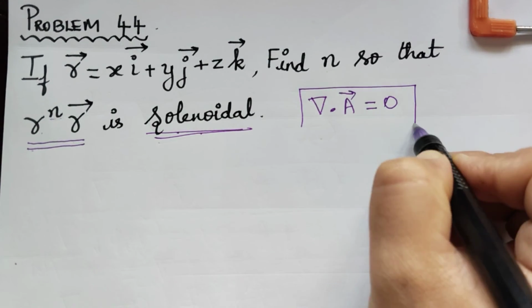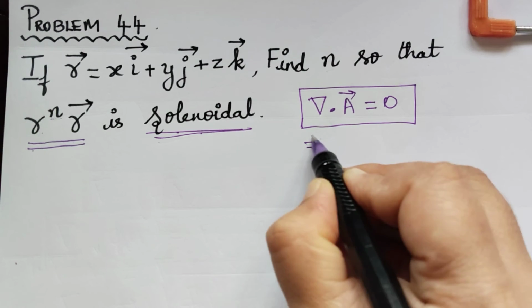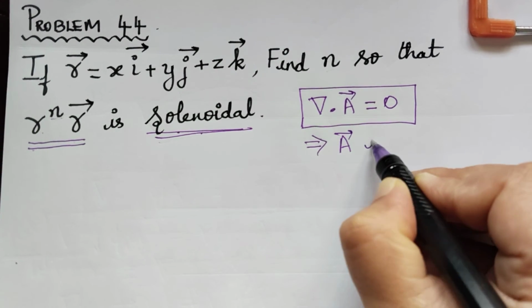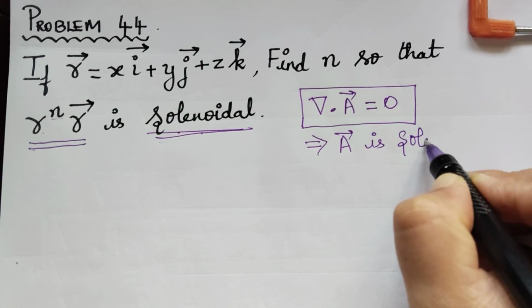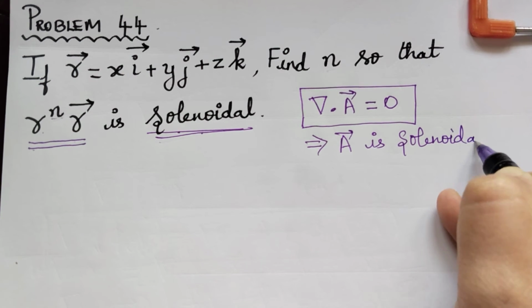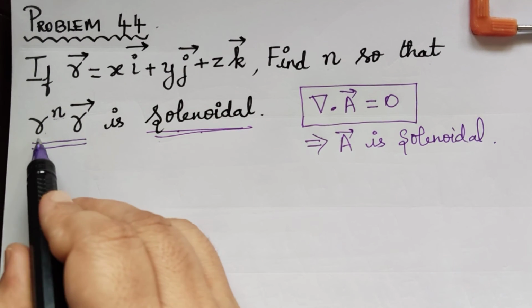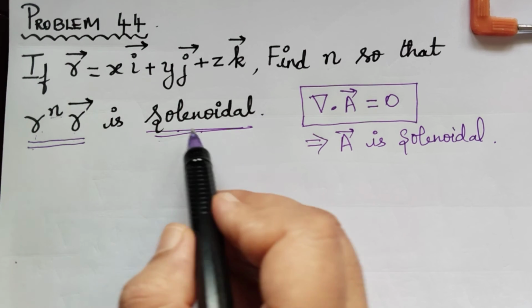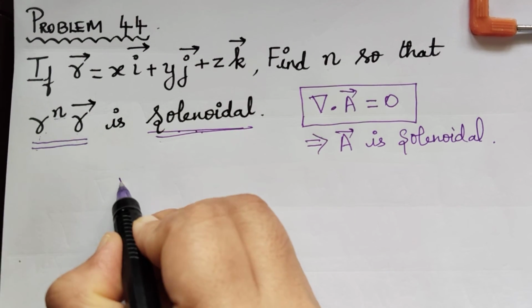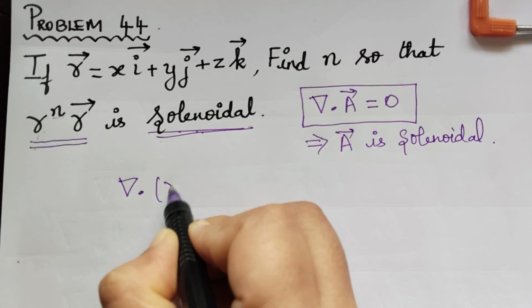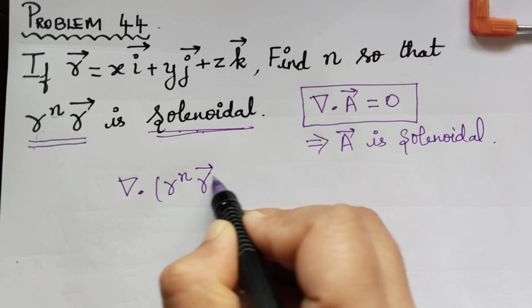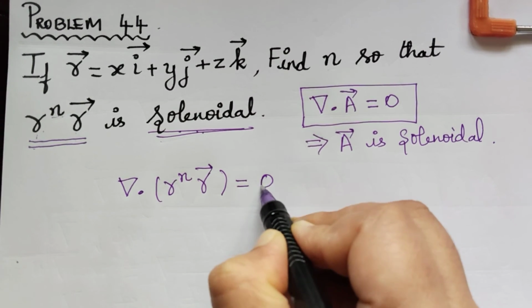So if del dot A vector is equal to 0, we say that A vector is solenoidal. So using this concept, now it is given that r to the power n r vector is solenoidal, which means that del dot r to the power n r vector is equal to 0.